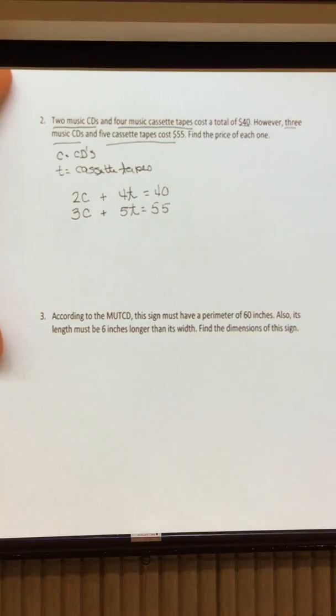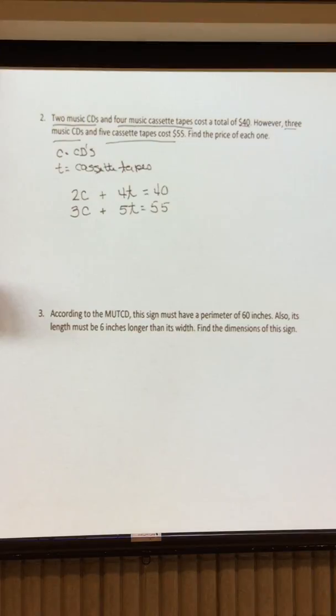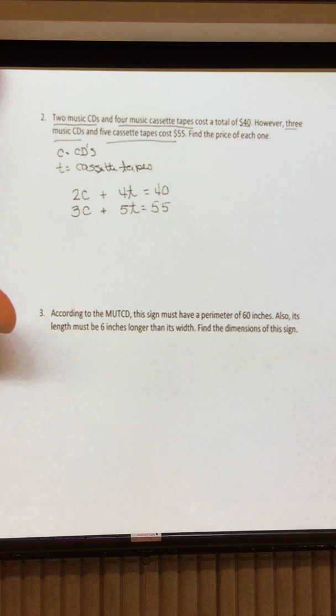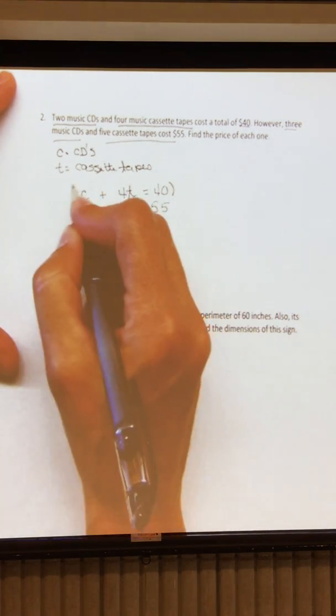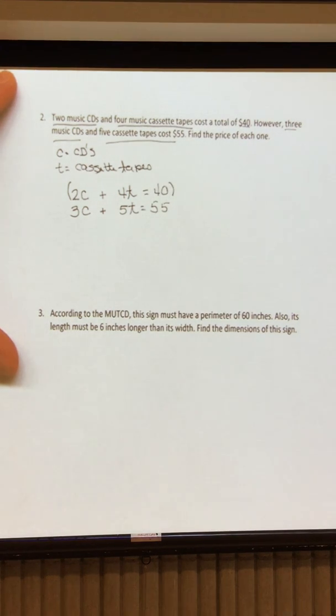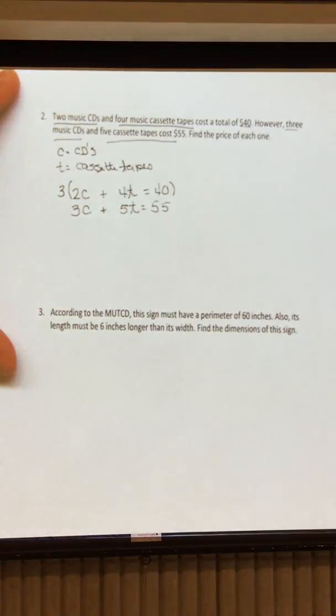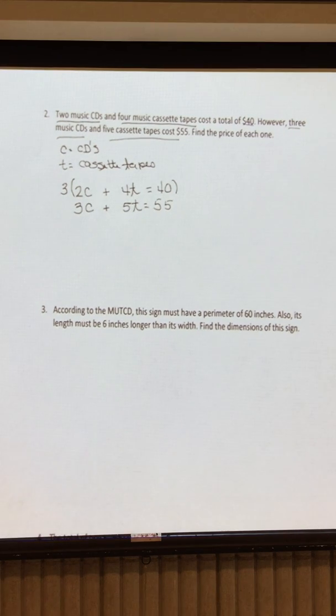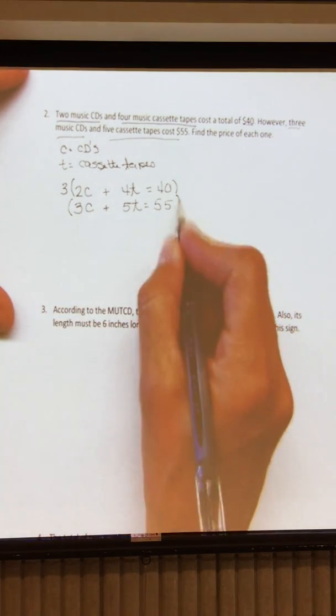Okay, now here we have a system of equations, so let us solve by elimination. We have to cancel our C's by multiplying the first equation by 3 and the second equation by -2.